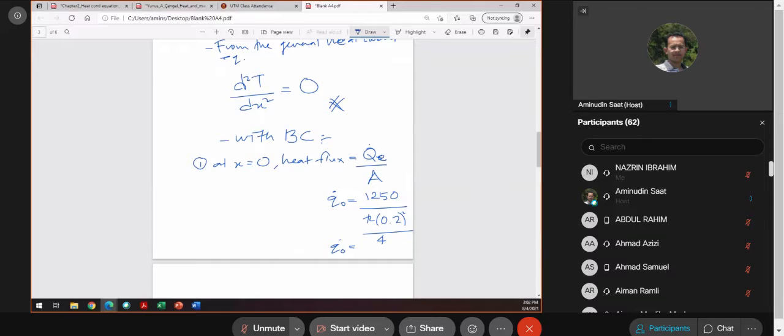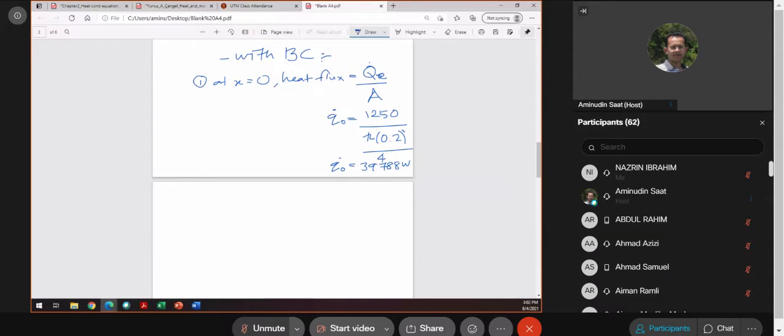How much is this one? 39,788 watt. Due to heat losses, only 85% reaches the base plate.